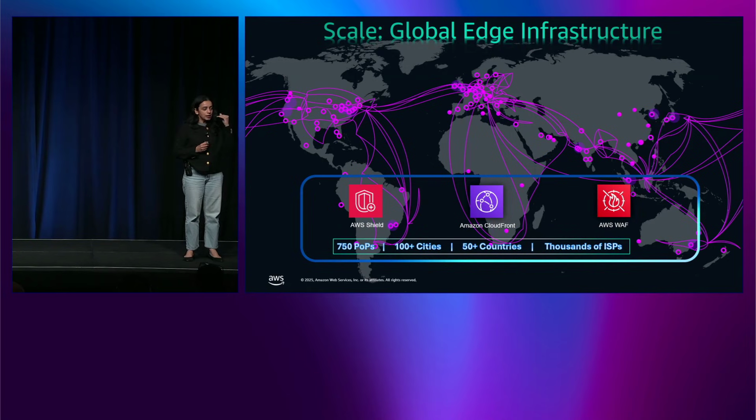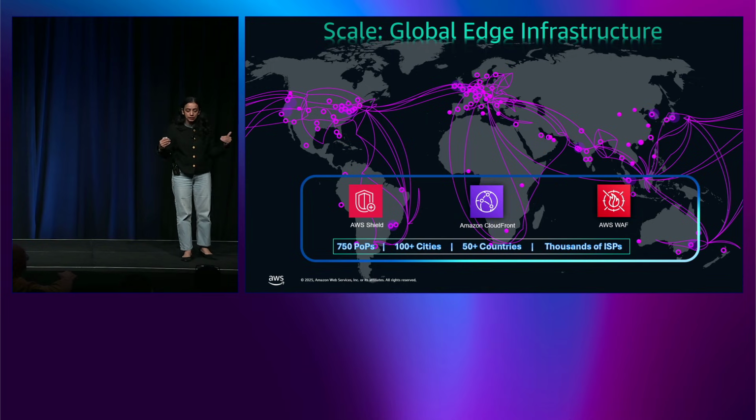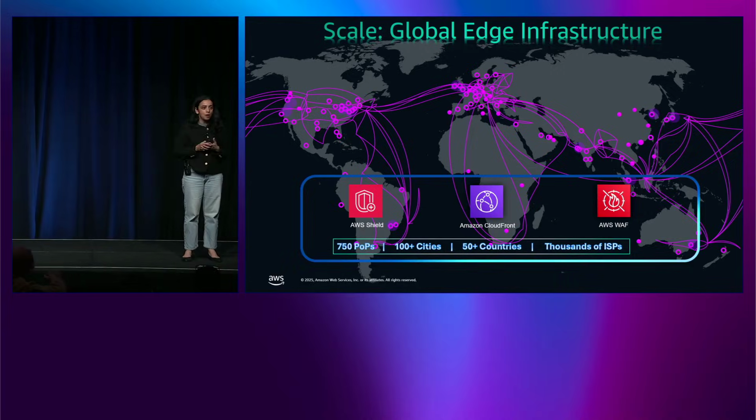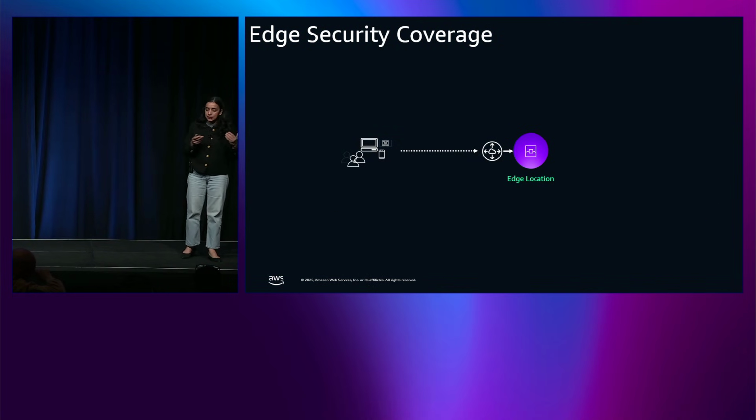Now, on each of those POPs, on the same server as CloudFront, you have the AWS Web Application Firewall running. So Web Application Firewall can then take that diffused traffic and figure out whether this is legitimate traffic that should access the application or it should be blocked. And along with this, at the edge, you also have the layer 3, layer 4 Shield that prevents layer 3, layer 4 DDoS attacks. So this is the scale.